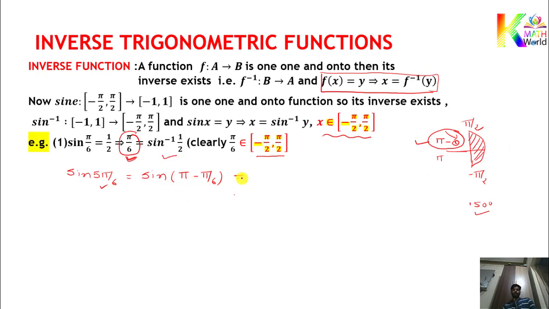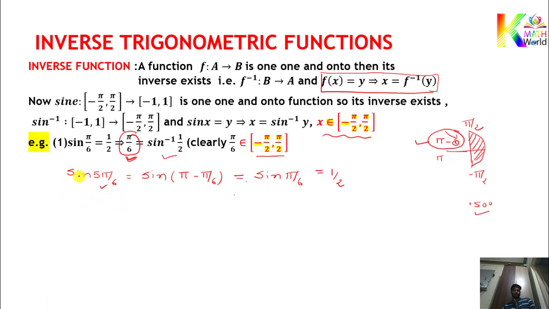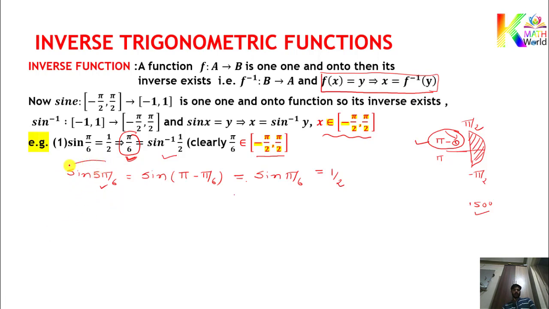At pi, the function is unchanged. So the answer is sine pi by 6, and what is the value? 1 by 2. It means the answer for sine of 5 pi by 6 is also 1 by 2.